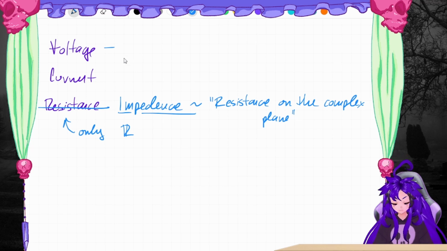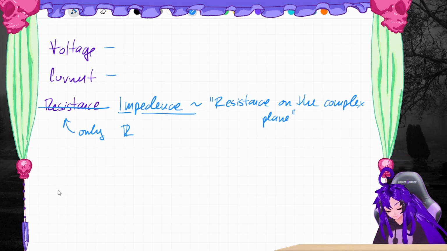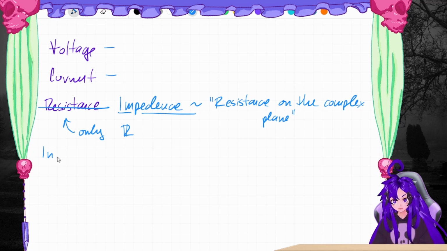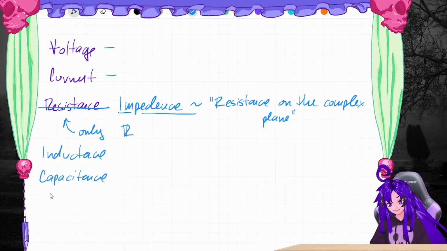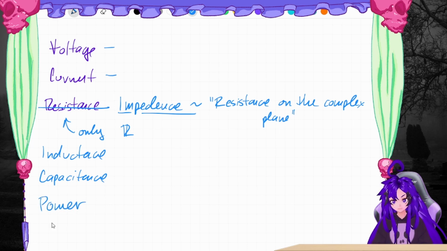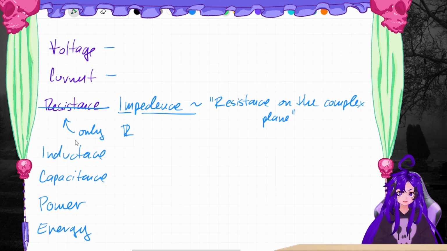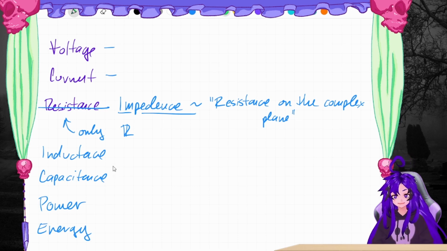And so we have, let's see, you've also come across the words inductance and capacitance. And then there's the concepts of power and energy. None of these are connected very clearly in the textbook.